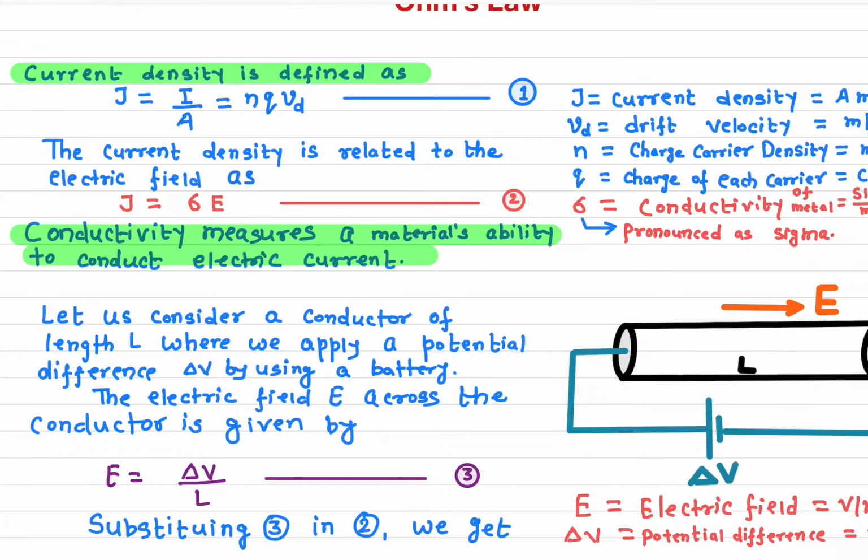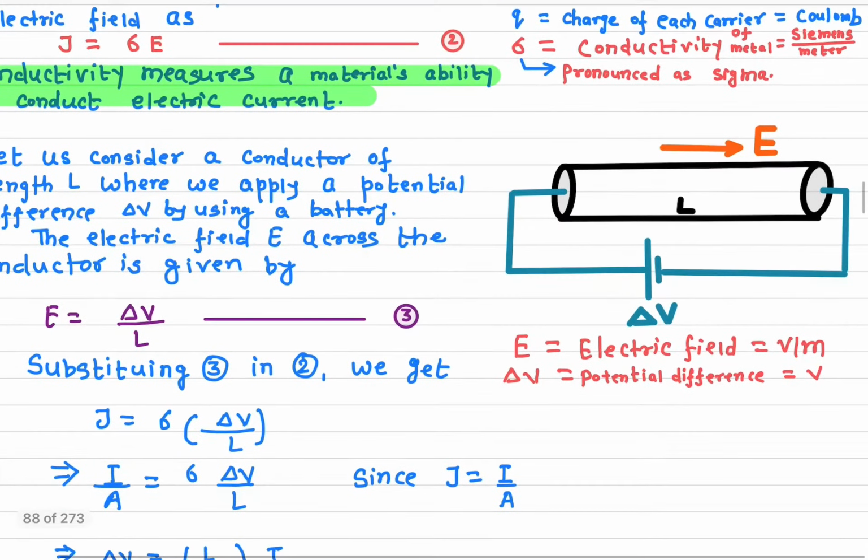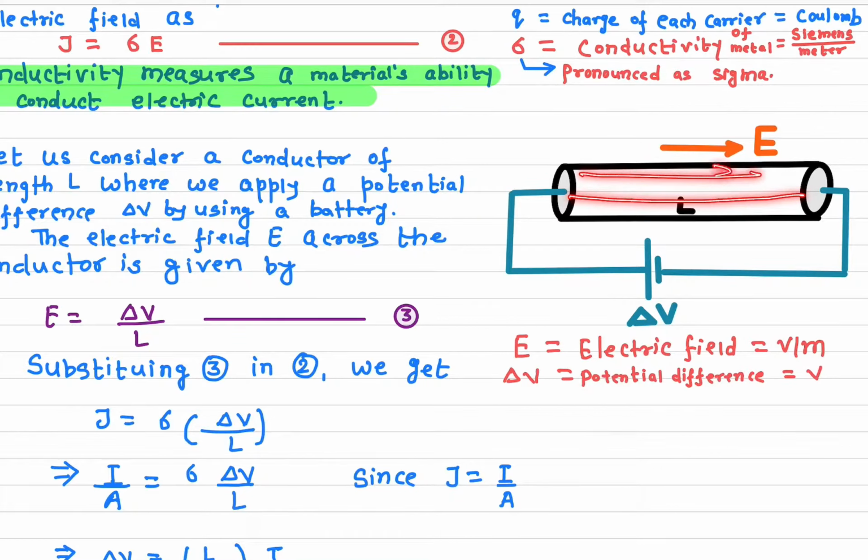So now let's say you have a conductor which has a uniform cross section, and we apply a battery, a potential difference delta V, and the length of the conductor is L. As we apply the potential difference, it sets up an electric field in the conductor, and this electric field value is given by delta V over L, the potential difference divided by the length.